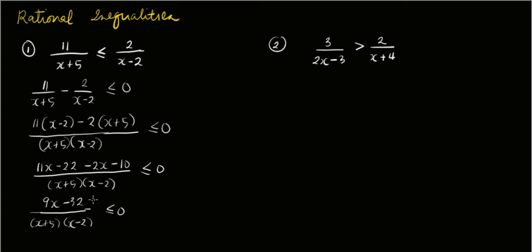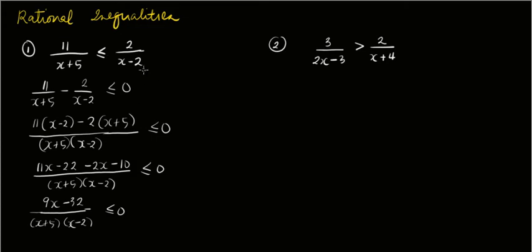Then the next thing you need to do is to determine the critical numbers. How do you determine the critical numbers? The critical numbers are the values of x that will make your rational expression undefined. So ano yung mga magpapa-zero sa denominator, and also ano naman yung mga magpapa-zero sa numerator.